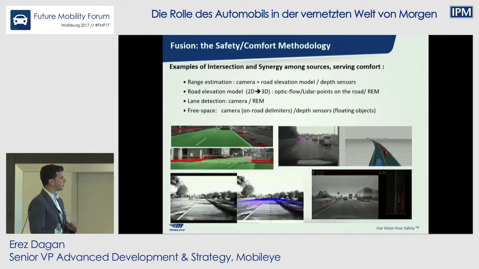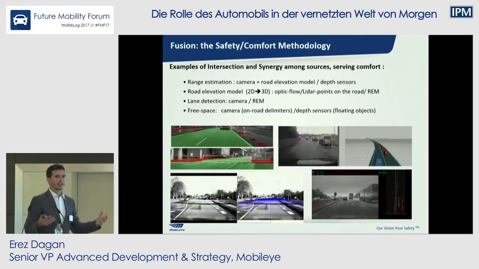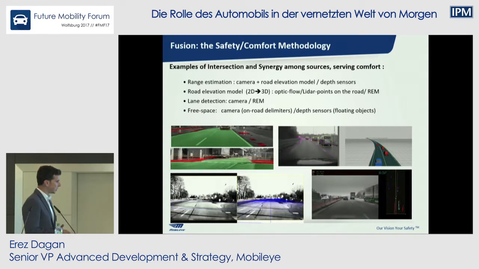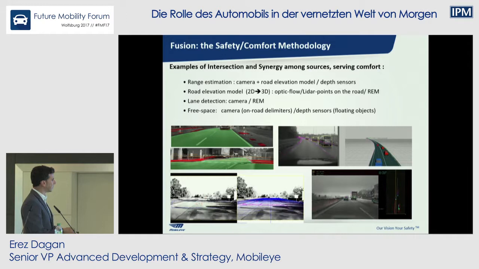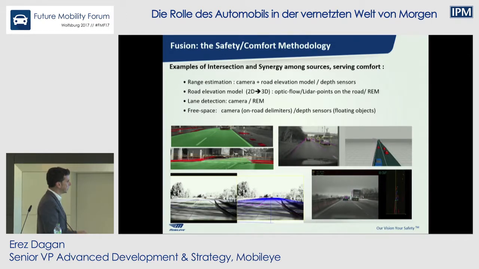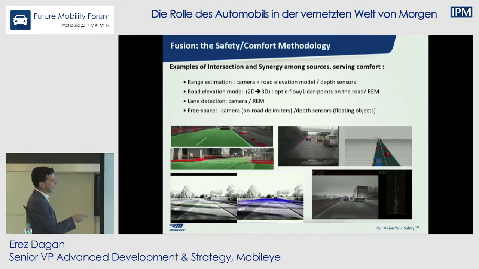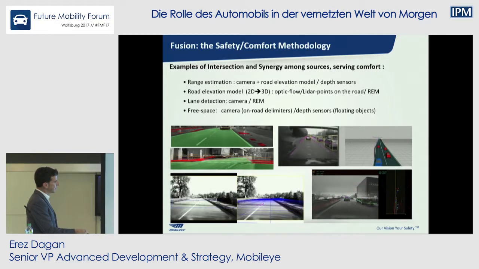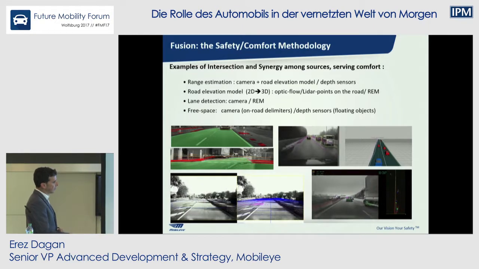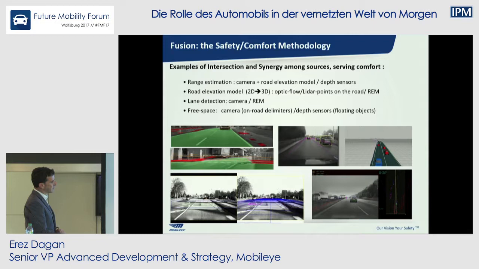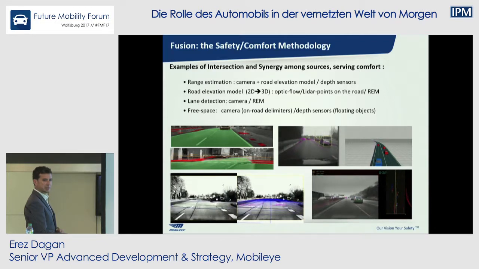As I mentioned earlier, there's a lot of room for synergies between the different sensors. Several nice examples that I thought would be good to share with you here are, of course, map and camera, which we already discussed; LiDAR and camera for robustifying the distance estimation.